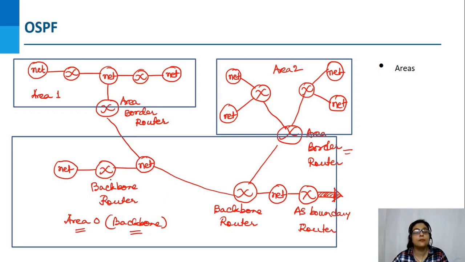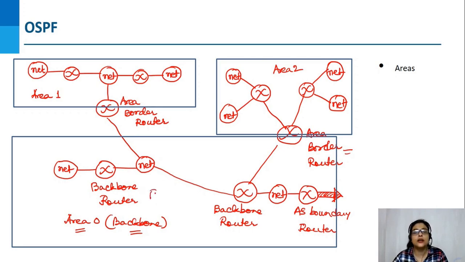Now we have the backbone router here. Backbone router is again connected to different networks. We can have several backbone routers in an area which is considered as backbone. All other areas must be connected to the backbone area through this backbone router. It is the backbone router which takes care of the entire communication in the domain.